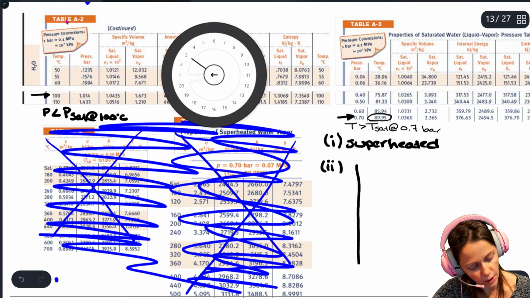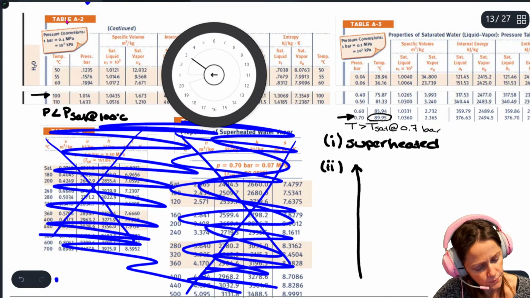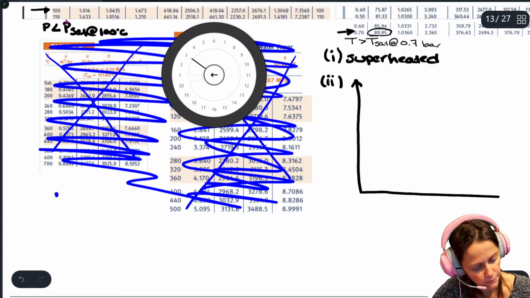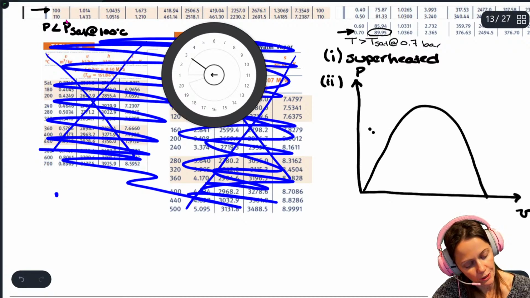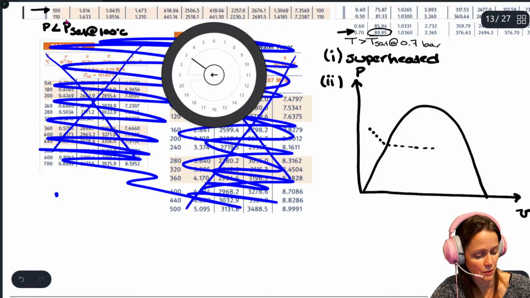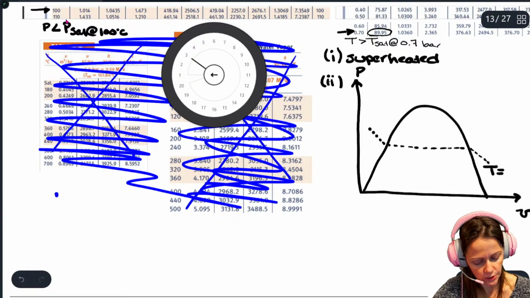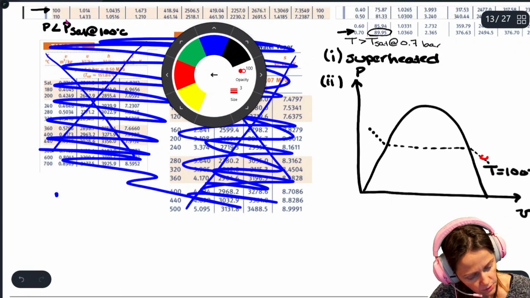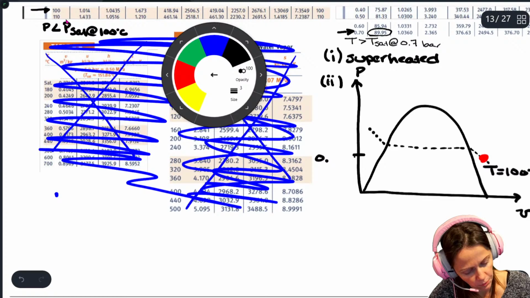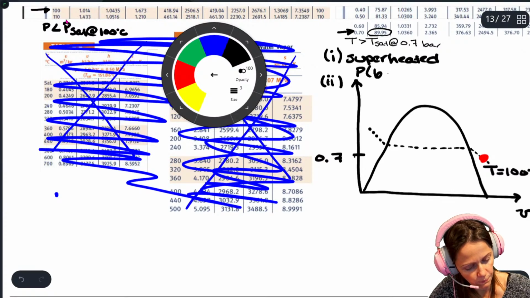All right, so let's draw our PV diagram. Bring him up here a little bit. All right. So here we go, and I'm going to draw a little line of constant temperature here. Maybe I'll get it right the first time. I always switch the tails. Sorry about that. So we'll say anywhere along this line, our temperature is 100 degrees Celsius, and we figured that we were superheated, I believe. So let's put a dot out here where it's superheated, and that guy right here would be 0.7 bar.